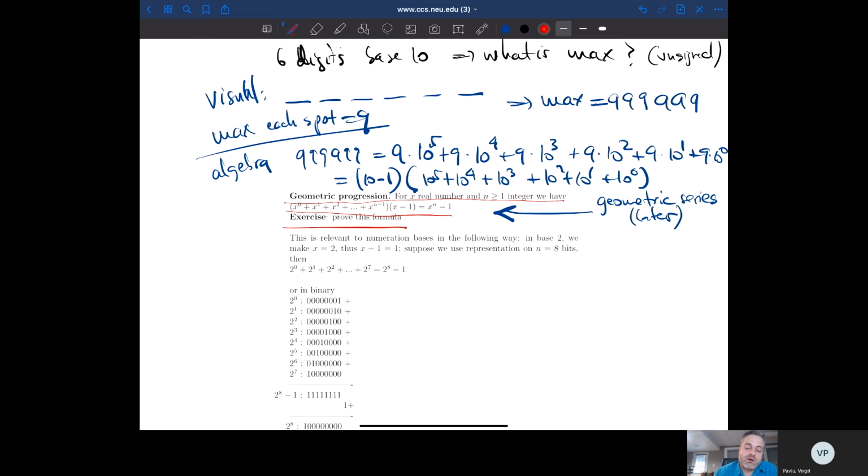That in our case, we use x equal 10, and the n for us, the exponent, the highest exponent was 6. So our formula here is just this maximum value. This is max here, which we wrote this formula for base x equal 10. That's the base, and this is the highest digit.